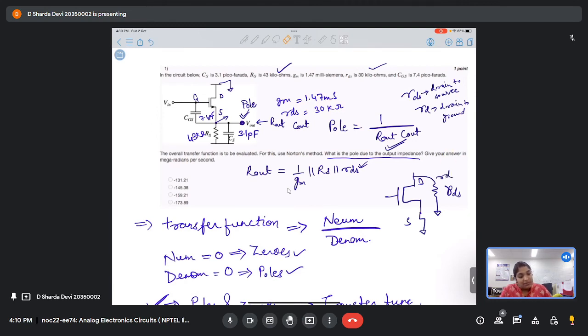But in our case, your source is a floating node and your drain becomes AC ground, so your RDS will actually become RS, which comes between source and ground. Is this clear?